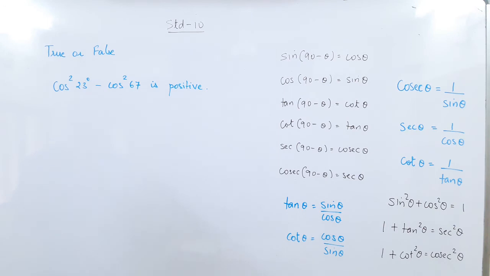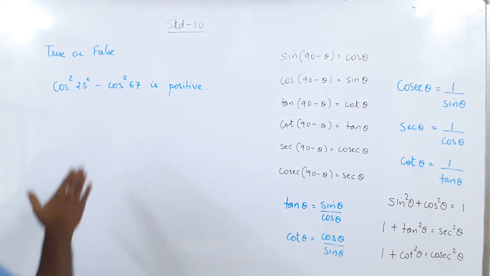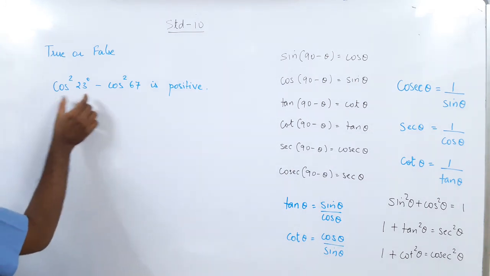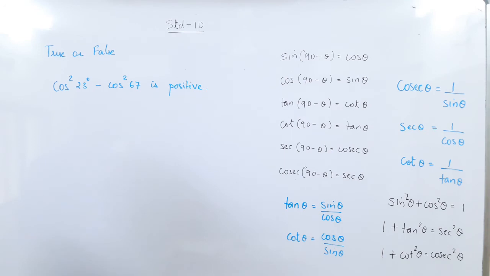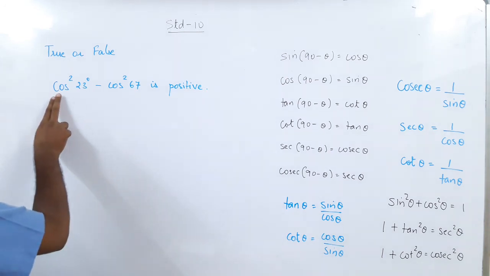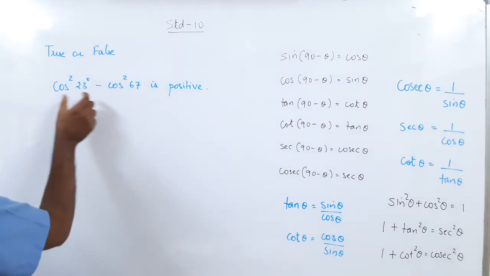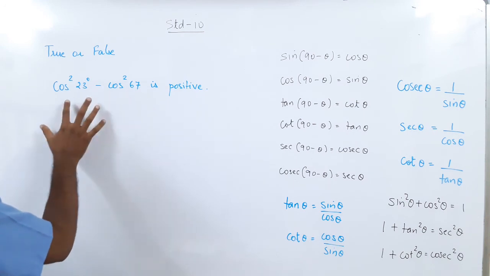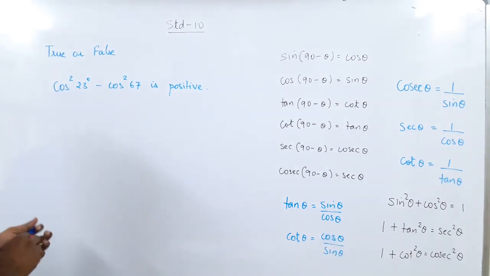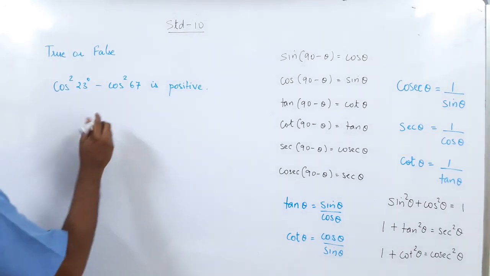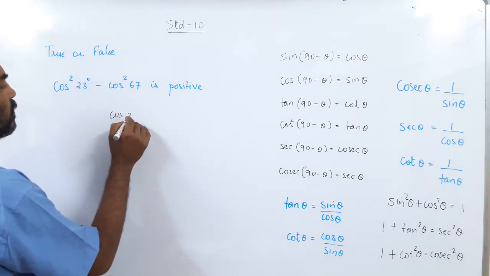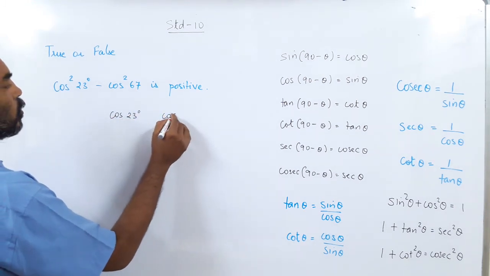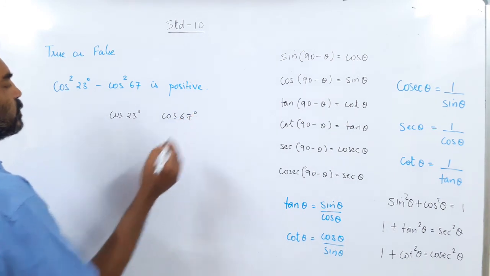Now what you can first see here is that both are squares. So squares are always positive. So both are positive numbers. Now we have to see which one is bigger. What we have to check is whether cos 23 degree is bigger or cos 67 degree is bigger.